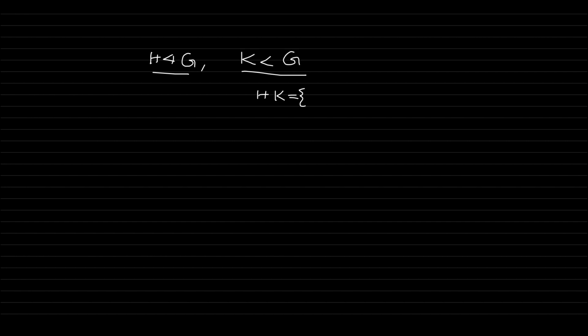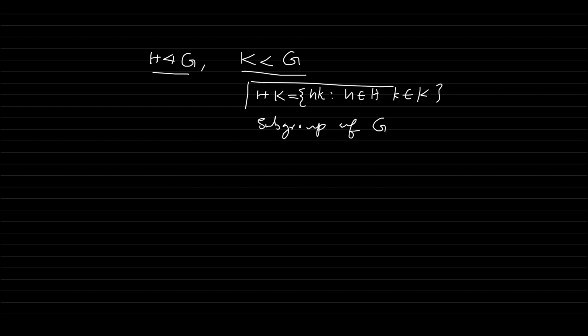HK consists of all elements of the form hk, where h in H and k in K. This will be a subgroup of G. So the result states that when we consider a normal subgroup and a subgroup of G, this set will be a subgroup of G. Let us prove this result by using the subgroup test.